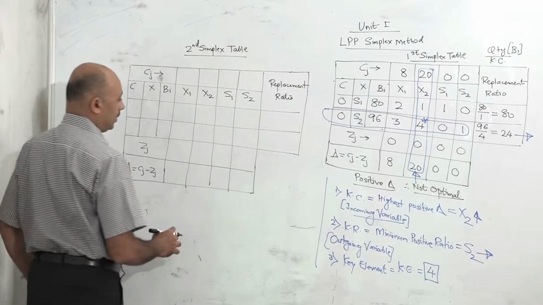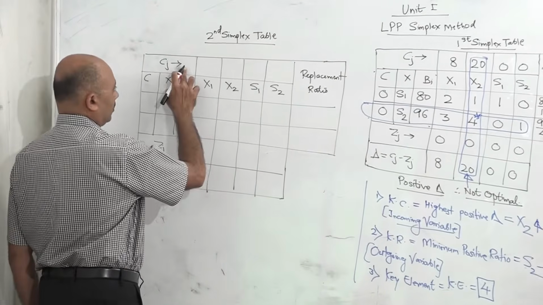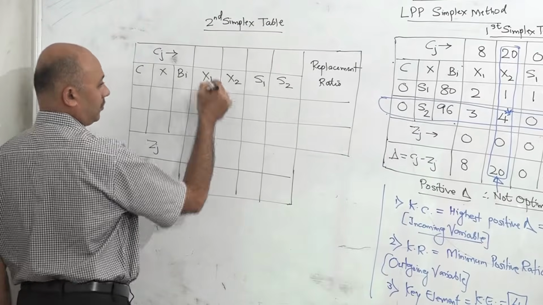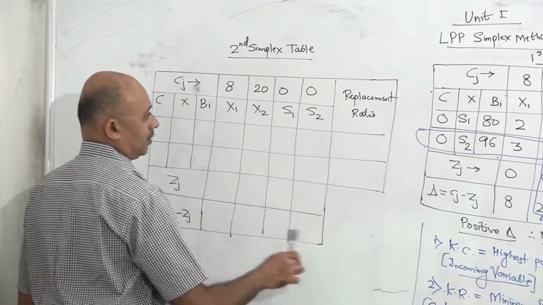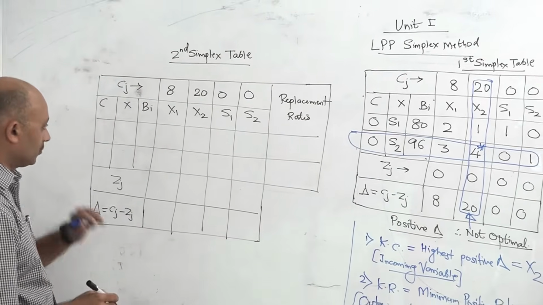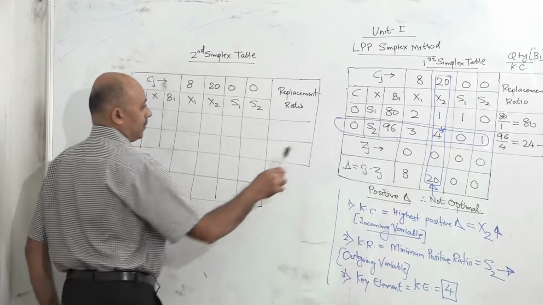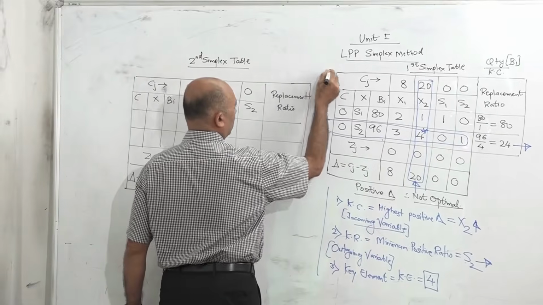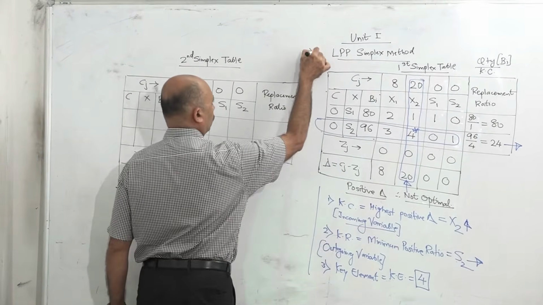Now we draw the second table, and this is the second simplex table. Again we start with CJ, the coefficients in the objective function, which are the same: 8, 20, 0, 0. Those CJ values will remain the same. What will change is the basis. Now X stands for variables. If you compare with the first table, the basis was S1 and S2, the basis variables.